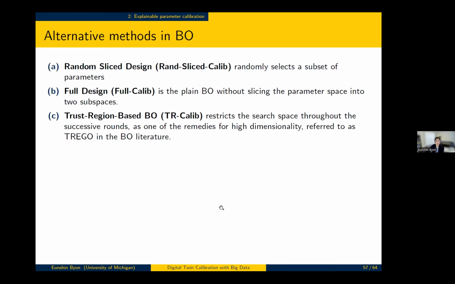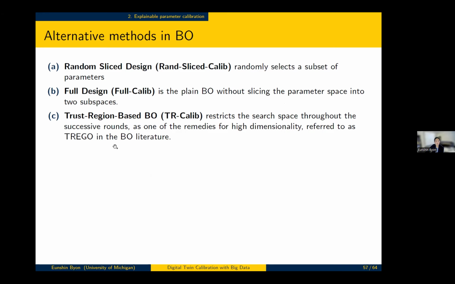And we compare our approach with other BO approaches. We consider 3 approaches. The first one is the random sliced design. This also randomly selects a subset of parameters, so it reduces the parameters, but it doesn't quantify the importance. The second is the full design, the original plain BO without slicing the parameter space into 2 subspaces.